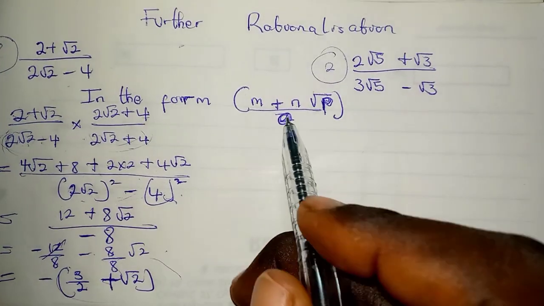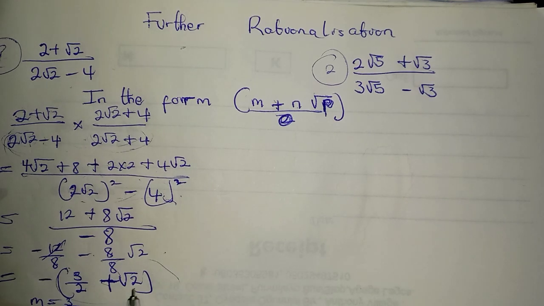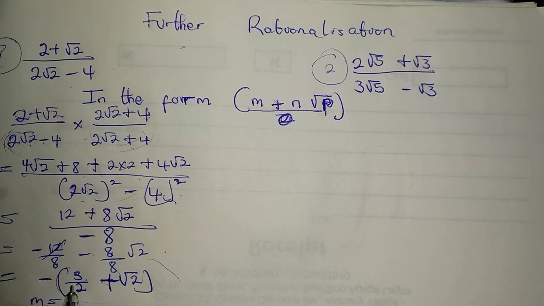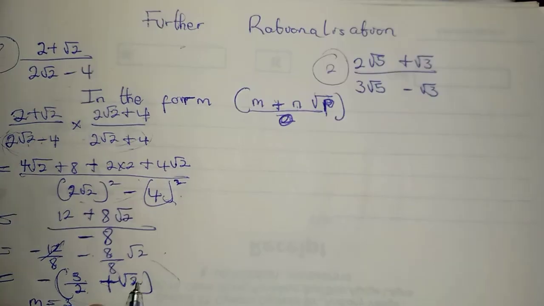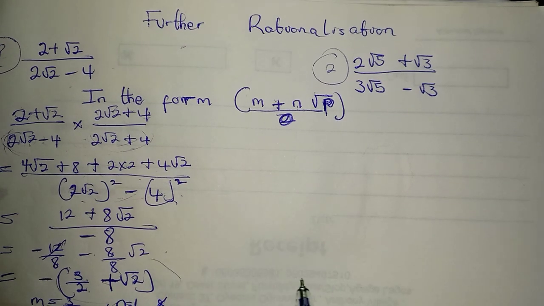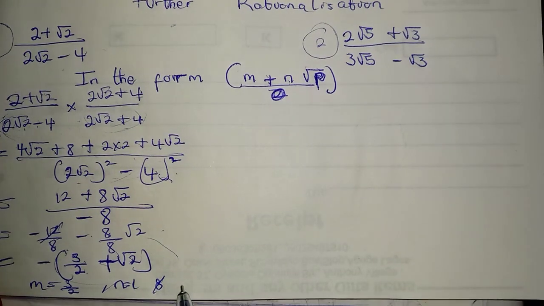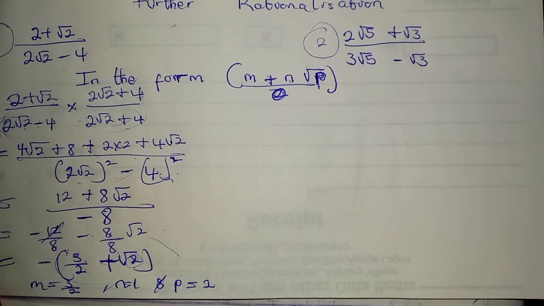Therefore, the value for m here is minus 3 over 2, and the value for n is 1. Also, the value for p is equal to 2, which is 1 inside the root.